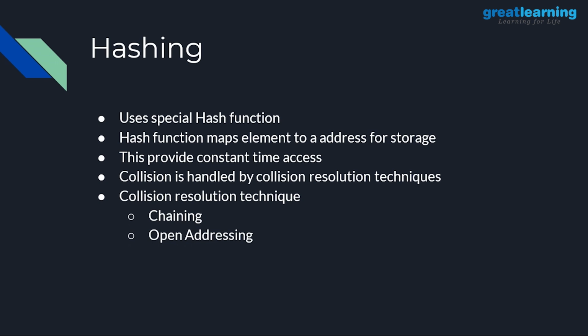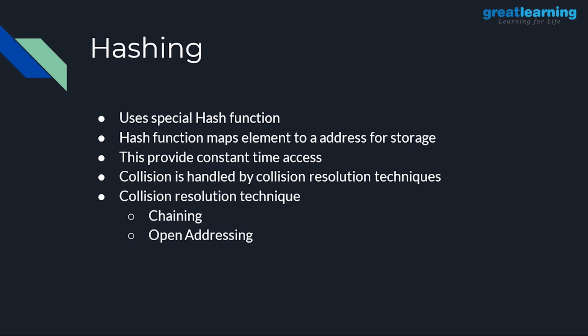Okay, so the element 132, we will get its address with the help of this hash function. We will map this element to an address for storage. So basically we get 2 and map this to that index in the array, that is from 0 to 9.